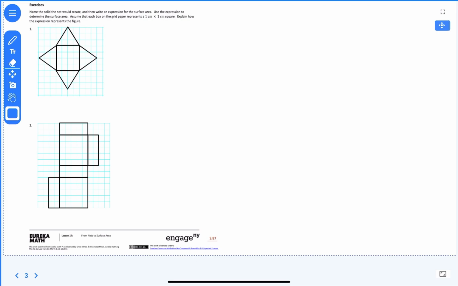Not a triangular. Not a prism. Are y'all looking at on page 3, number 1? A squared cube.